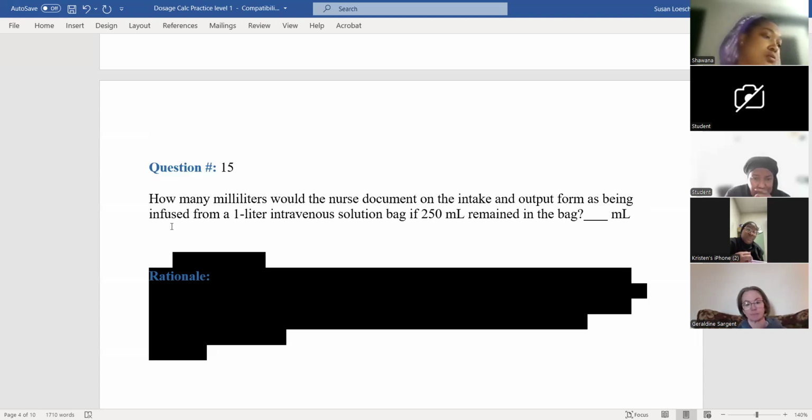Okay, it's 1,000 milliliters, and you have 250 left. So if you subtract that 250 from your 1,000 milliliter bag, it'll tell you how much went into the client, or should have went into the client, right? Everybody understand that? Okay, let's see what you got.